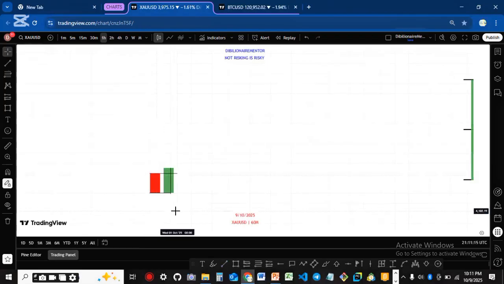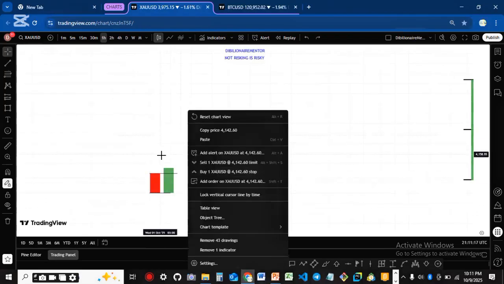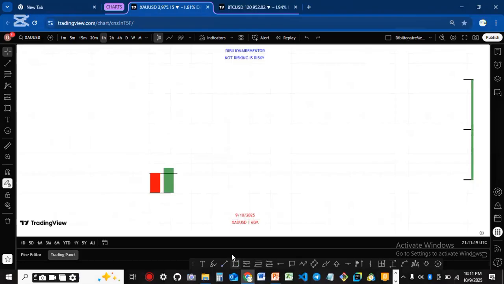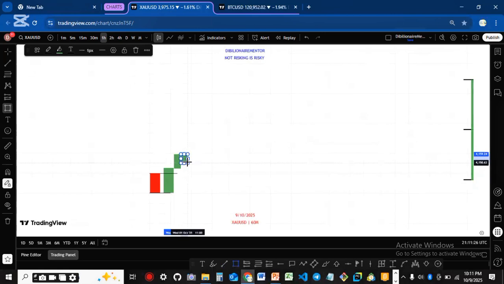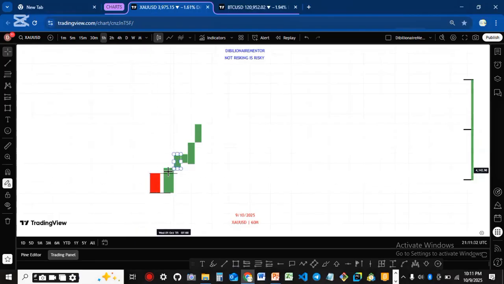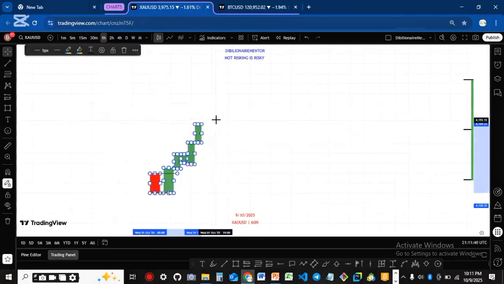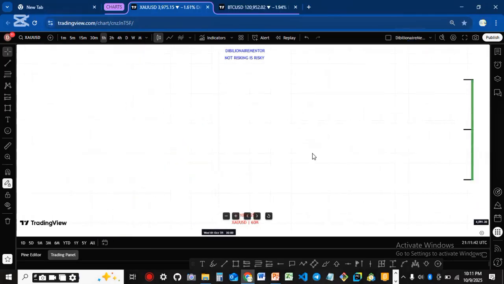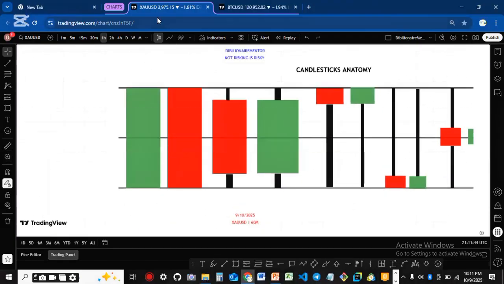So what we'll be expecting is to see more bullish candles. When we see this engulfing candle, we are expecting to buy. That is just the indication. It simply means the buyers are dominating the market.